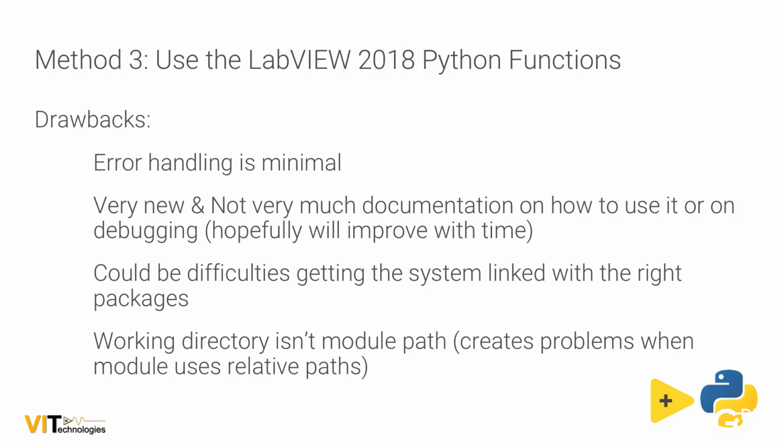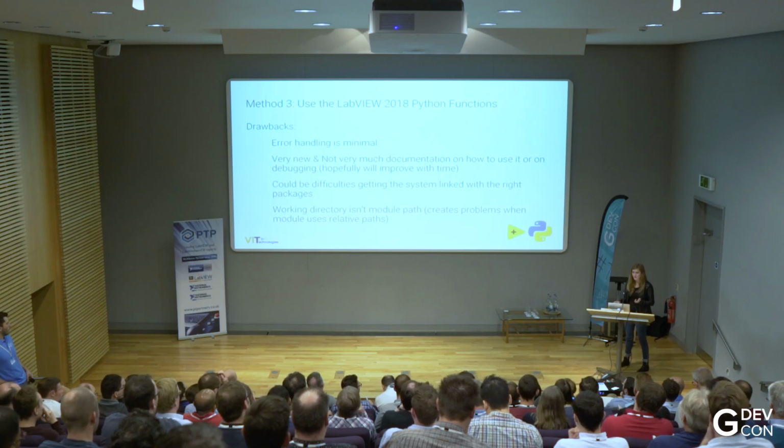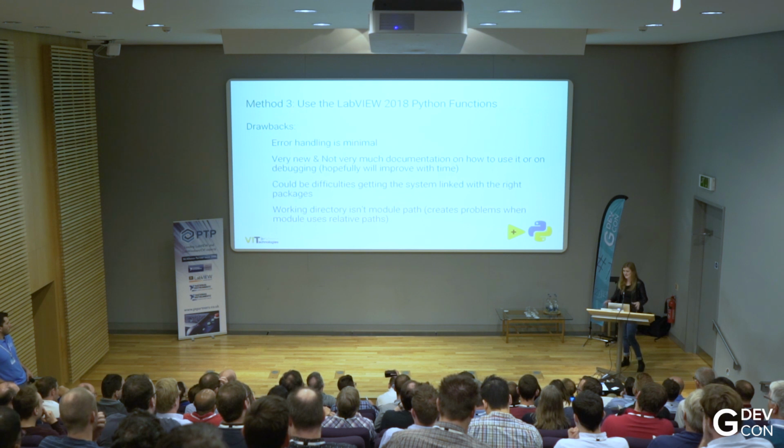But for this one, the working directory is like your default system directory somewhere. And so you need to change directory first with the Python node, and then you can call it in the node and have it be in the working directory where your module is. So I thought that was kind of weird because I definitely use relative paths in my Python modules, and I thought that made it kind of clunky.